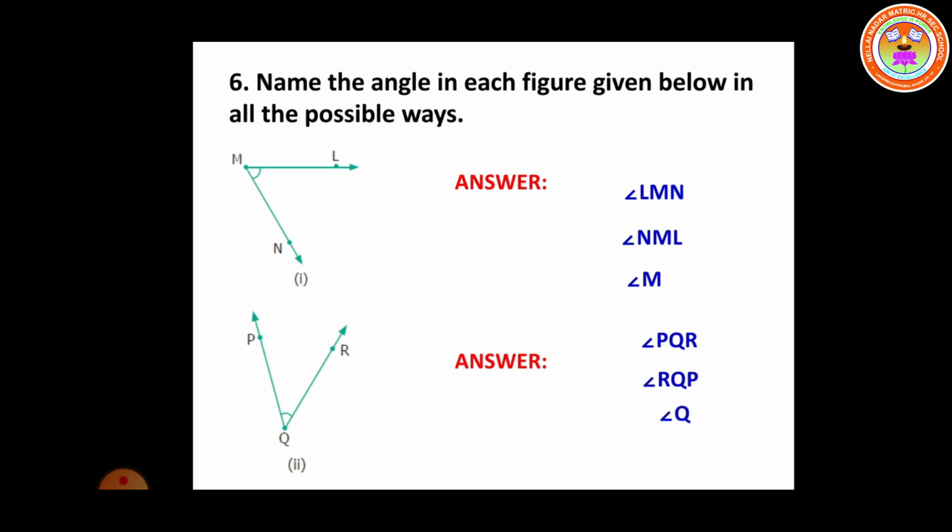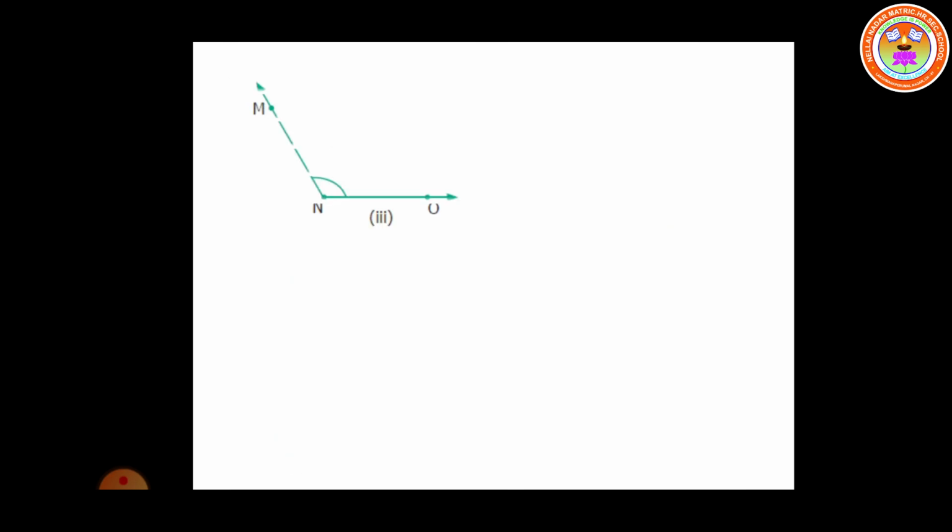And the vertex Q, so that is angle Q. The one more question is the third subdivision. The vertex is N. So see the answer. When you start from M, the angle name is MNO. When you start from O, the angle name is ONM. And angle N, simply the vertex.